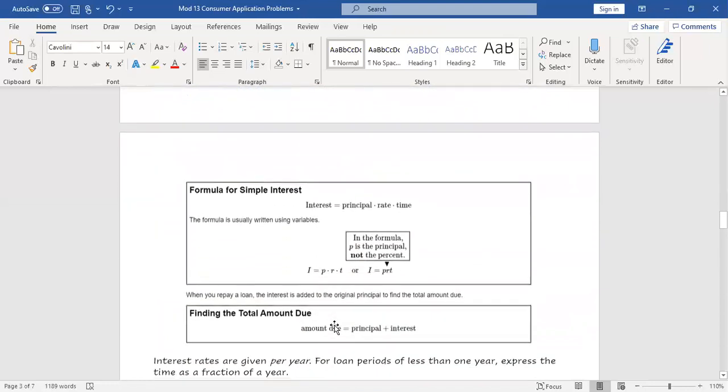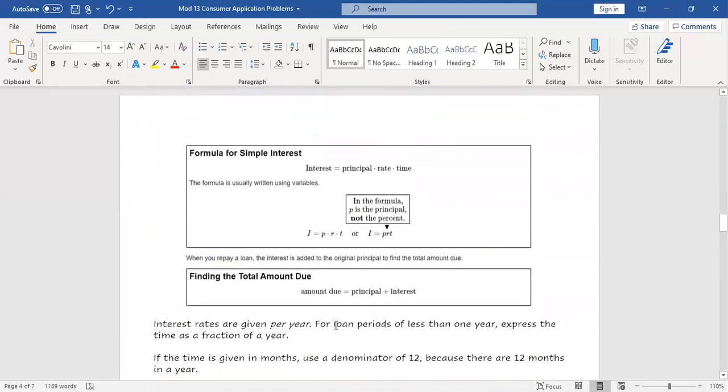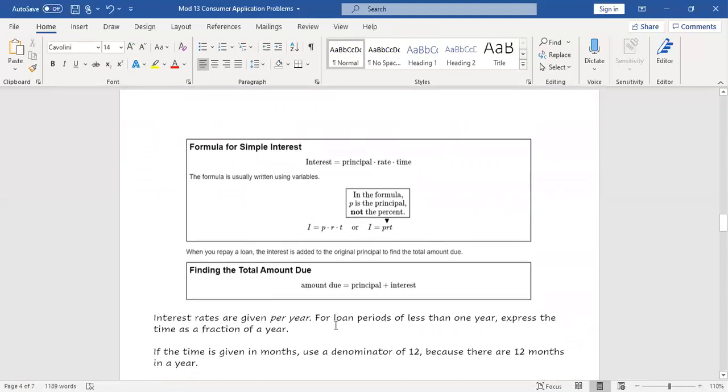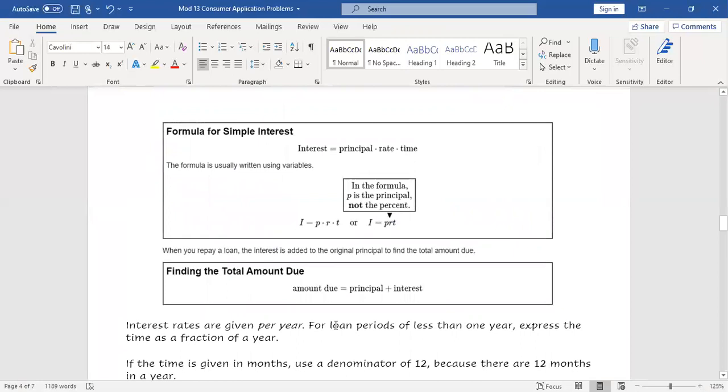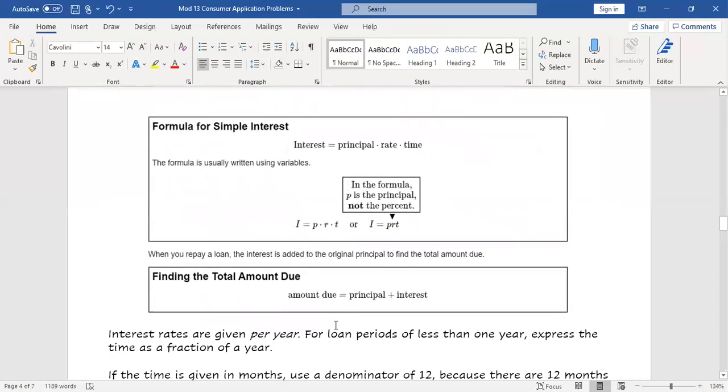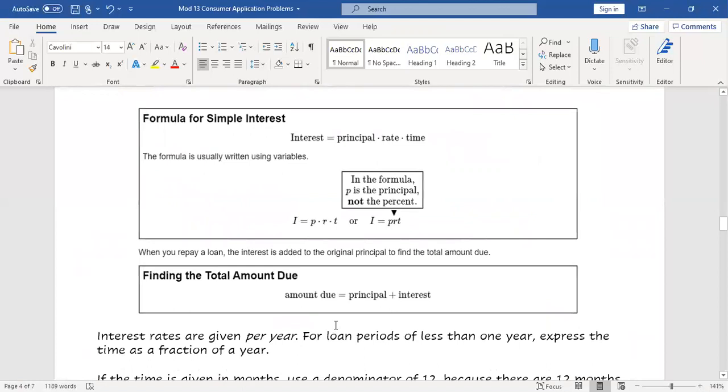Our last type of problem that we're going to discuss today is simple interest. The formula for simple interest is interest equals principal times rate times time. The principal represents the amount that you borrowed or invested. So it could be something that you borrowed from a bank or something that you gave to a bank for them to utilize.